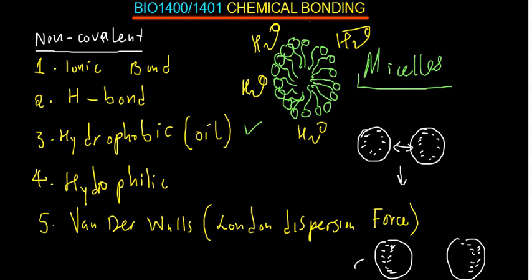Because of that, this part which has a lot of electrons will become partially negative. This part that has fewer electrons will become partially positive. So the atom starts behaving as if it is polar, while it's not polar at all. So a van der Waals force is just a force that results because of induced dipoles.